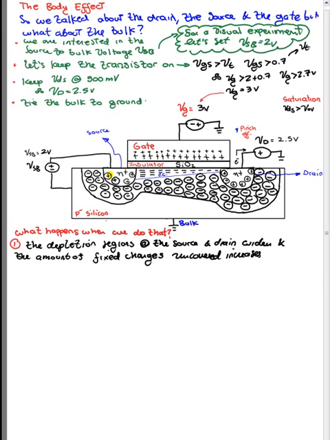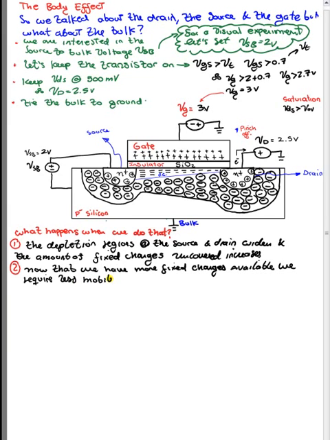Okay, so the second effect is that now that we have more fixed charges available, we require less mobile electrons in the conduction channel, or inversion layer.